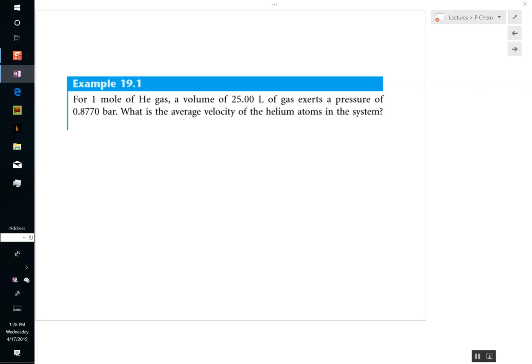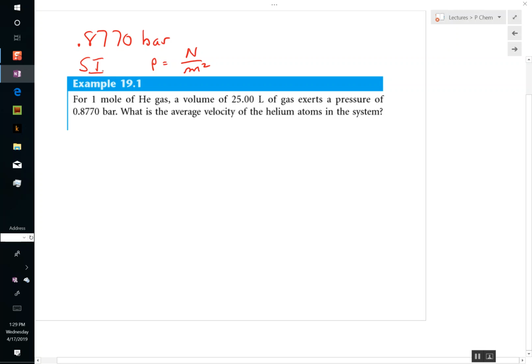It's 0.8770 bars. We want to get pressure in newtons per meter squared. This is SI units. Newtons per meter squared.